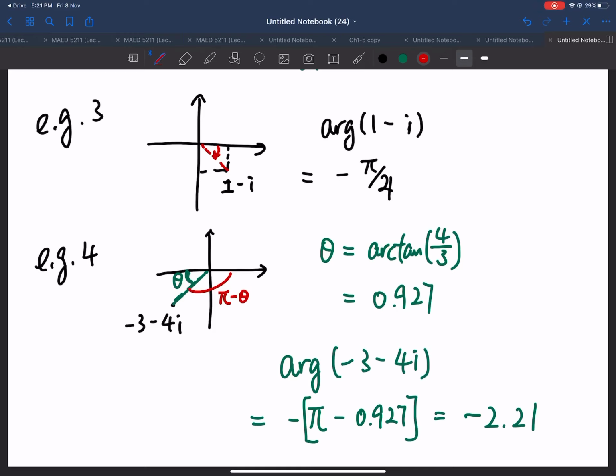Negative, pi minus theta. So I think you better draw a graph by yourself, and that helps you to find the angle. It's easier for you. 4 divided by 3, pi minus it. So it's negative.